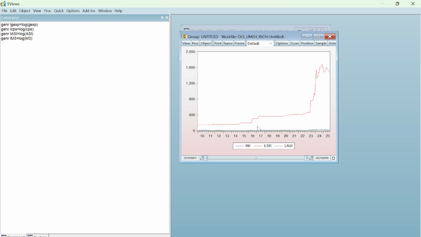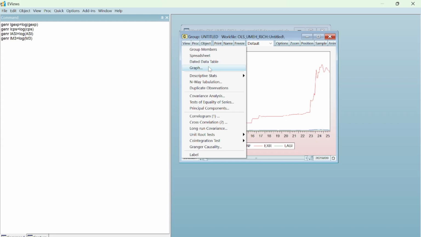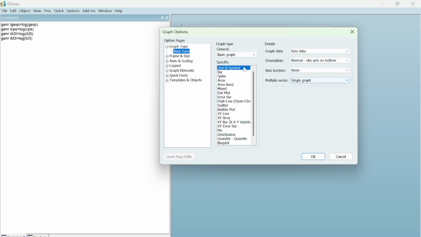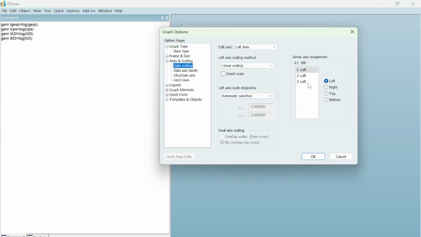Okay, so the exchange rates is still up there, so let's view graph, axis and scaling, inflation. Okay, right. Which other variable do we have here? Number 2, which variable is this? Okay, number 3, right.